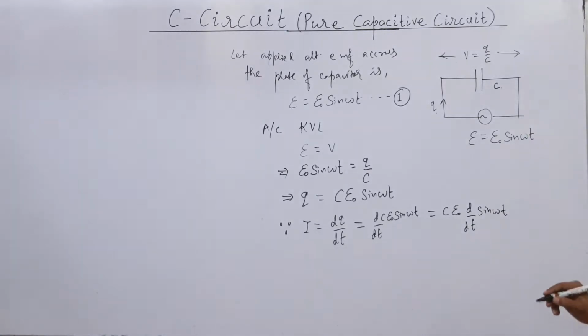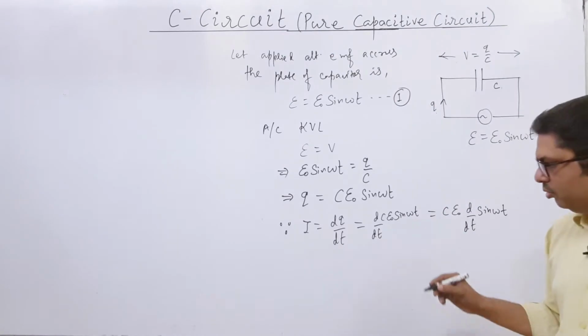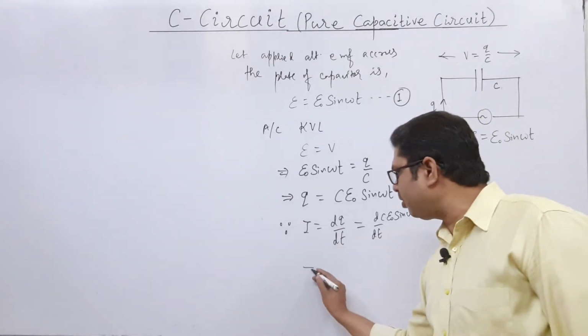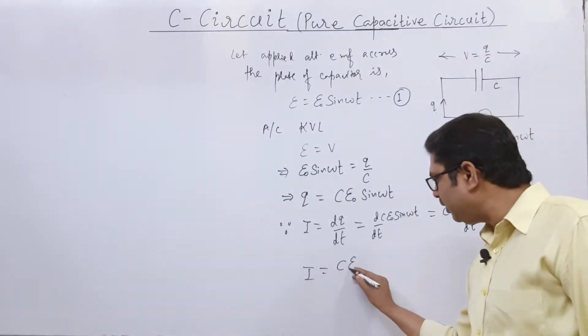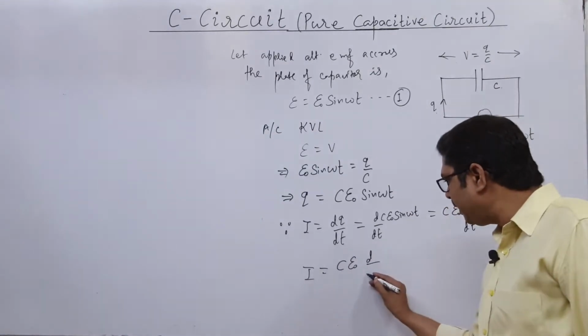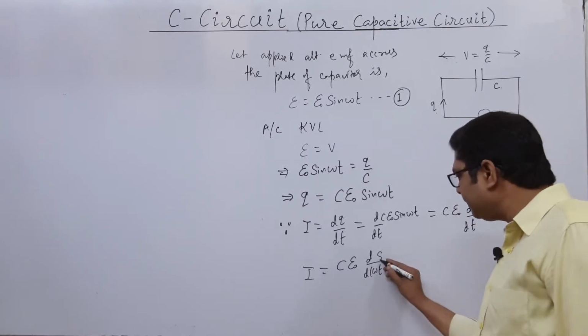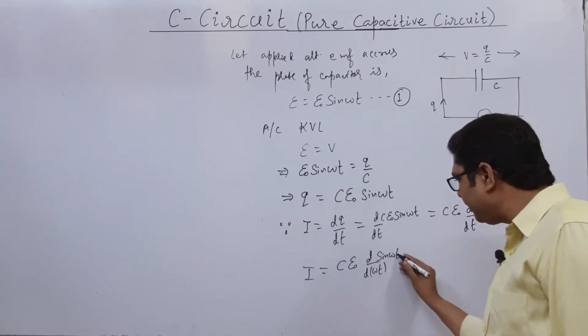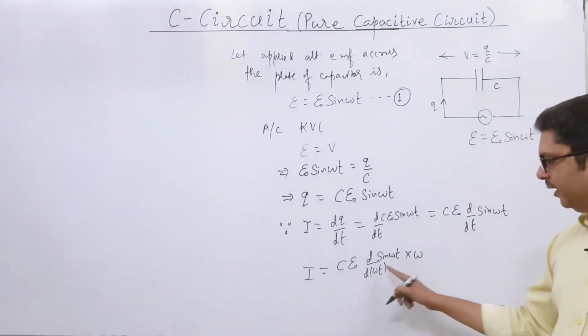So what will be the differentiation of sin omega t? For differentiating it, we need the chain rule. So I am writing the format of the chain rule here. This is C E naught d upon d omega t, and here sin omega t into omega. We multiplied here by omega and divide here by omega.